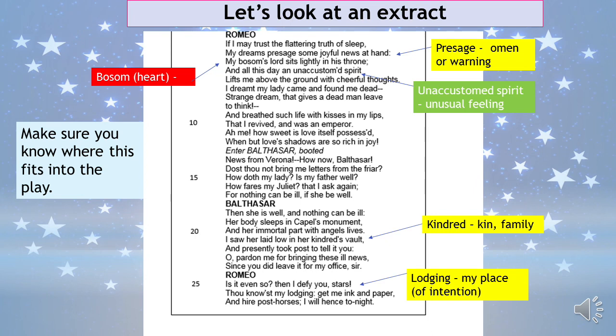You don't normally have that feeling. Kindred is another word for kin or family. And you've got this idea of lodging at the bottom, which we know is to do with place. So it's the idea that what he means here is it's my place, or this is what I intend to do, this is where I'm going to go.